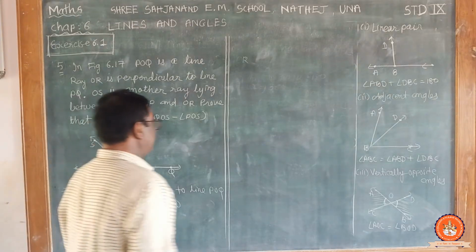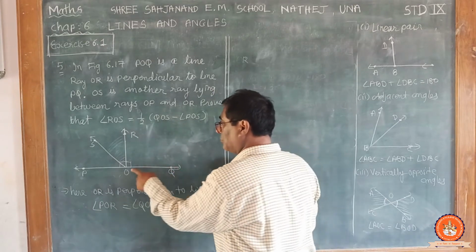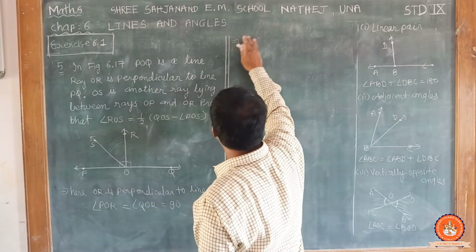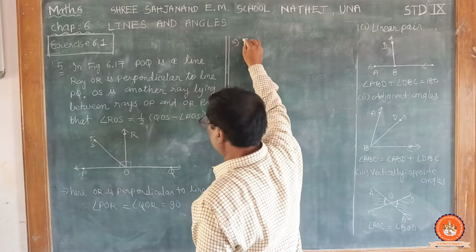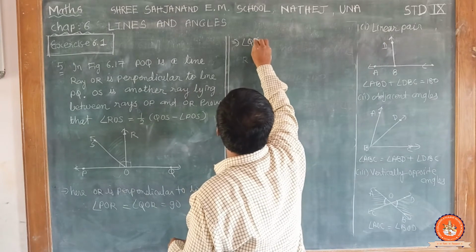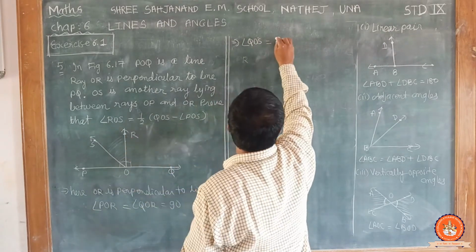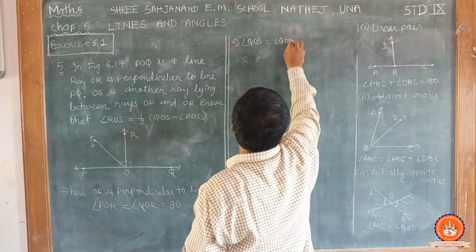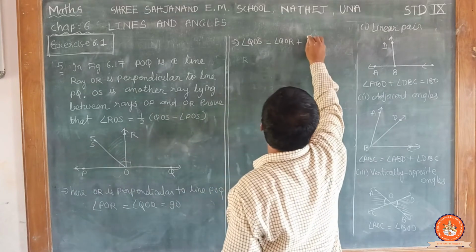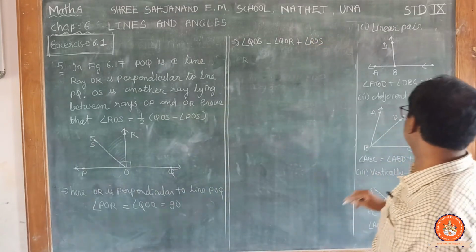Now my friend, we are targeting to get the value of QOS. Look at it. So angle QOS is equal to angle QOR plus angle ROS. Okay, so they are adjacent angles.